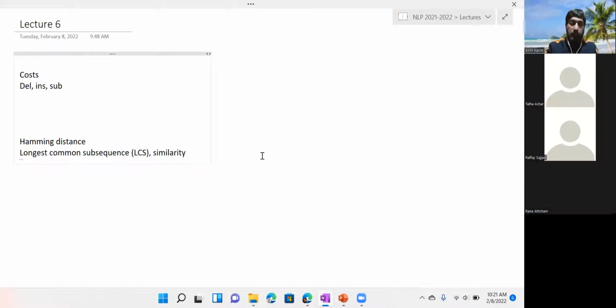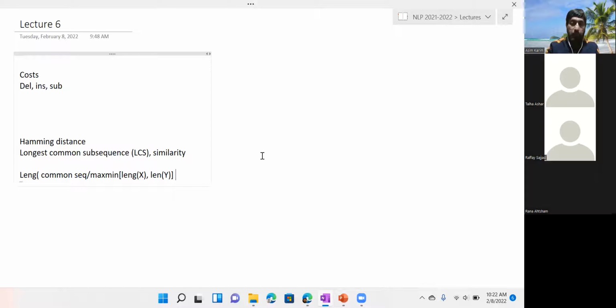This LCS is similarity. So LCS is basically the length of the common sequence in the two strings divided by the min of the length of string X and length of string Y. So of course, this is the normalized form of the longest common subsequence.